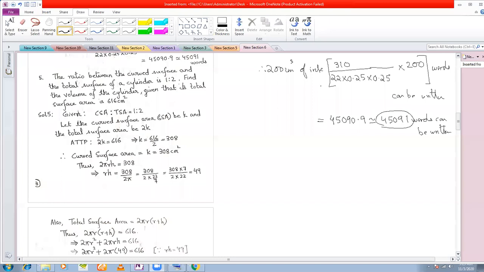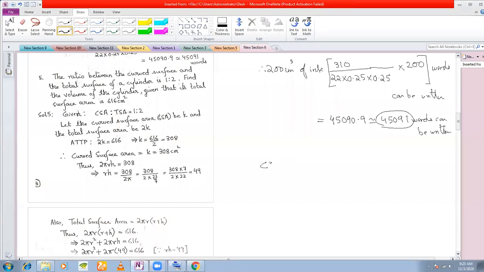So the ratio of the curved surface area to total surface area is 1:2. That means I can take the curved surface area as K, and I can take the total surface area as 2K.